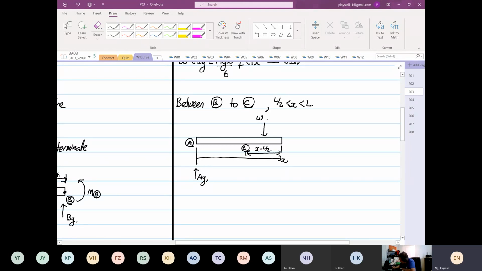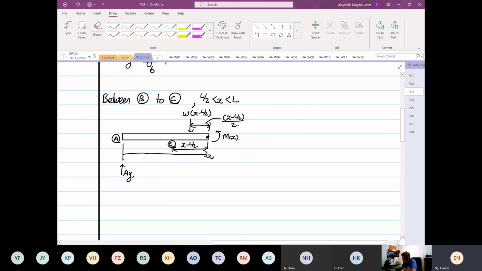So that is omega times x minus L over 2. And then the distance to the end of x, from here to here, is x minus L over 2, the whole thing divided by 2. And then positive bending moment assumption. So that's your positive bending moment.